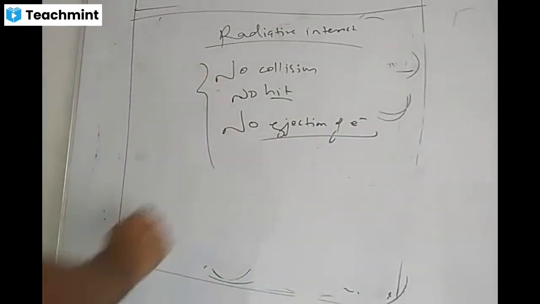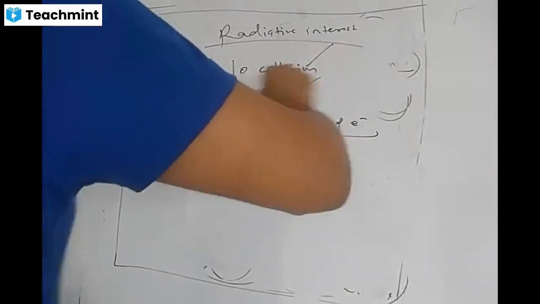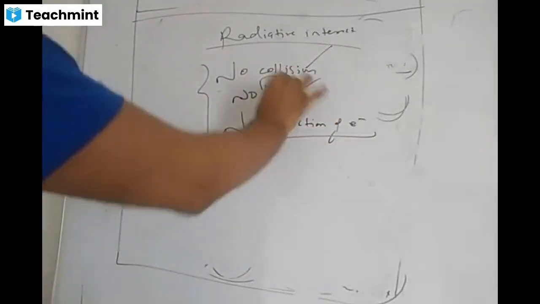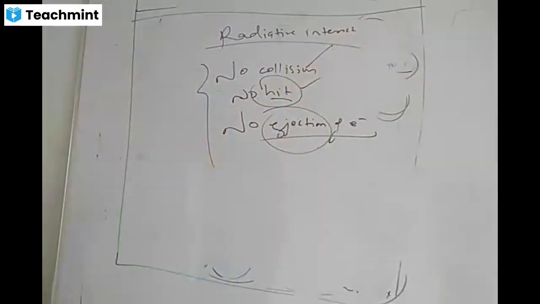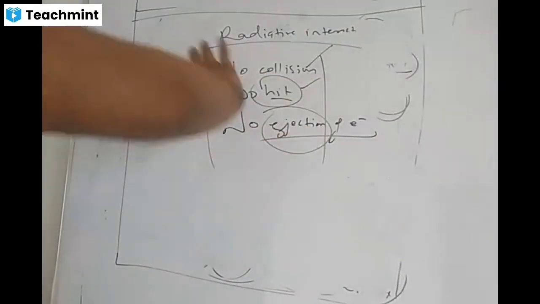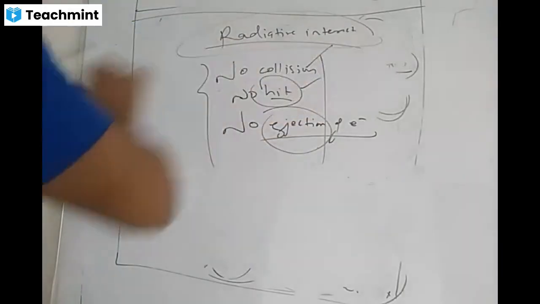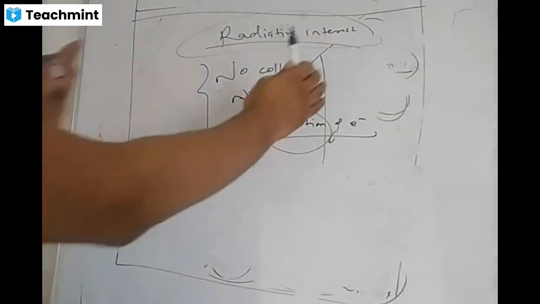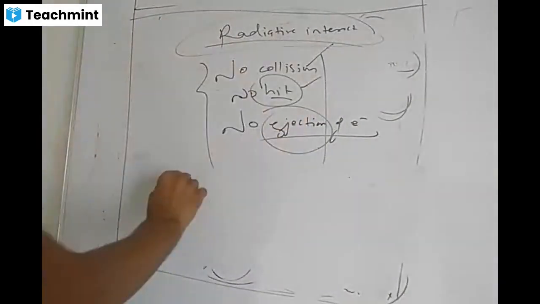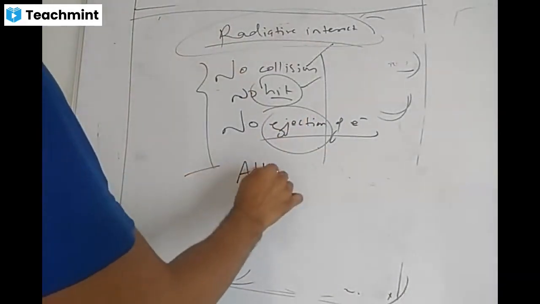So remember the difference. There was a collision, that electron was hitting some inner shell electron, and there was ejection of that electron. But all these three steps do not happen in radiative interaction. So what happens in radiative interaction? I will write the term attraction.